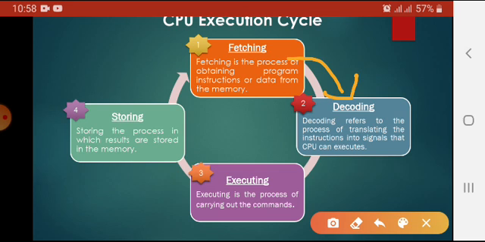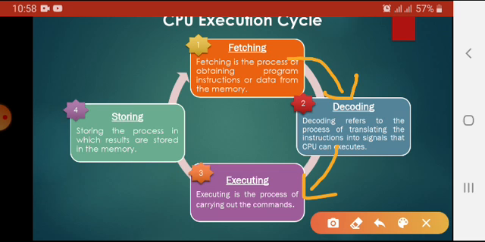We all know that computer understands only binary language. The instruction or data that is fetched from the memory is decoded, which means that it is translated into the form that CPU can understand and execute the instruction.